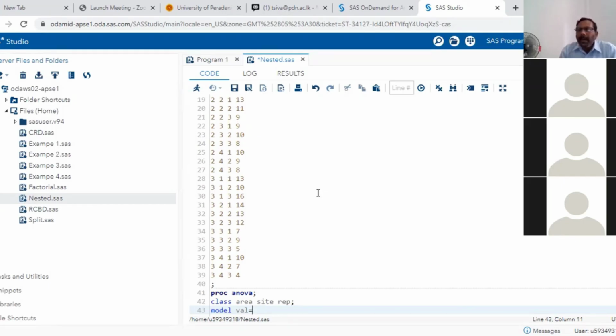If you can remember the model, tell me the model. Y_ijk. How can we write it? Two-factor nested model.